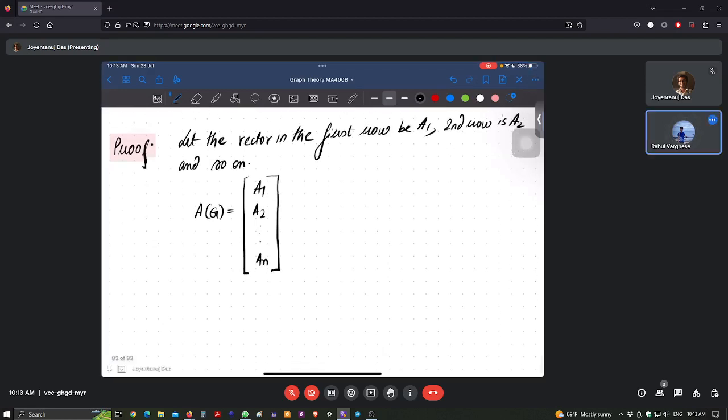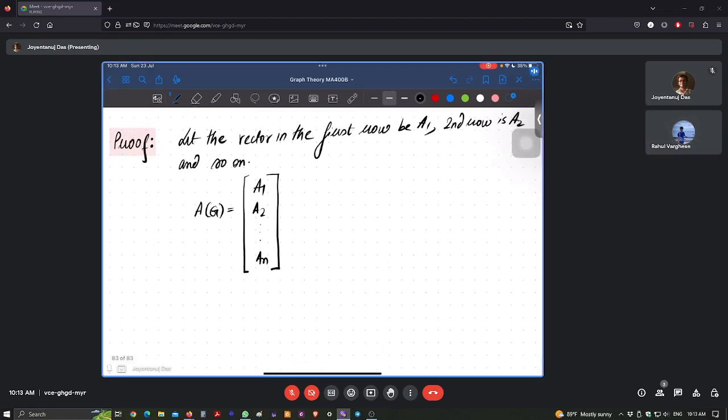Now we know that each column has exactly two ones, right? That we know because each column represents an edge. So there will be only two ones, one for each endpoint of that particular edge, right?